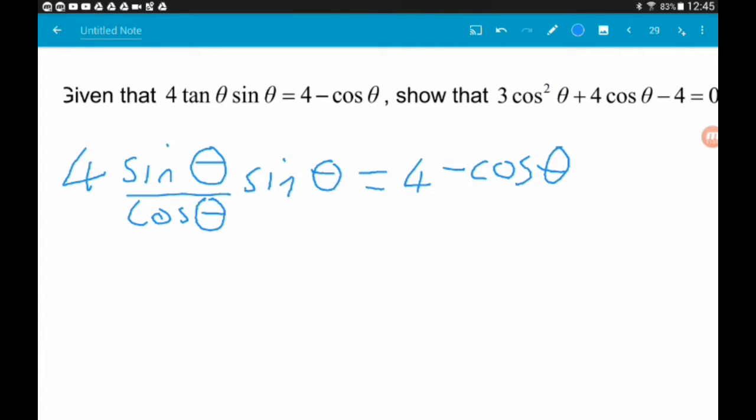So, now on the left hand side, we have 4 sine theta over cos theta times sine theta. So we can say that's 4 sine squared theta over cos of theta.